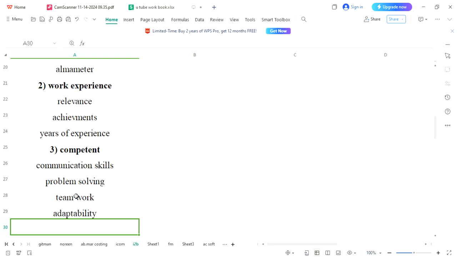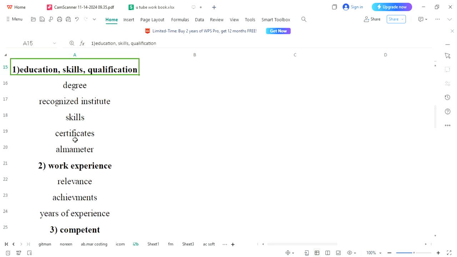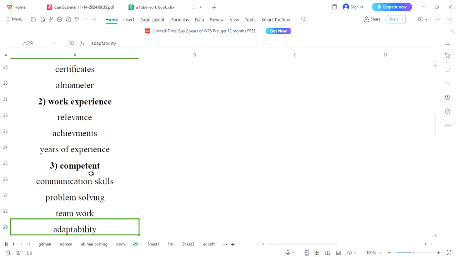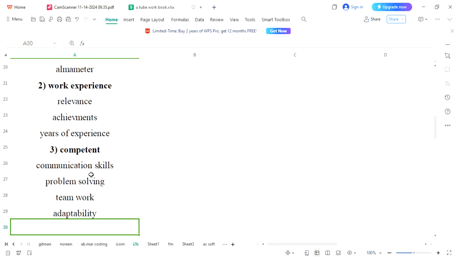So we have seen three different perspectives right now. We have seen his education, we have seen his work experience, and we have seen whether the person is competent or not. And then we will see his personality traits as well.